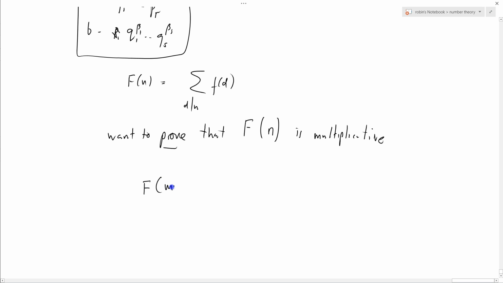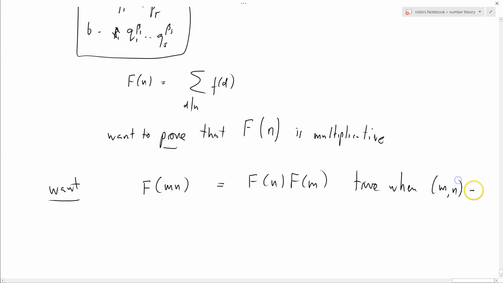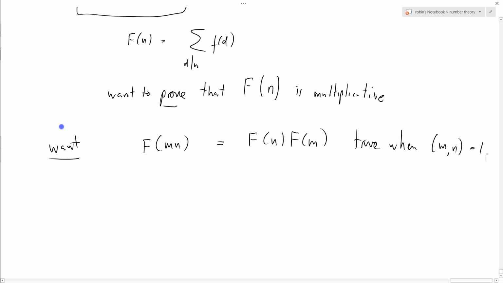So we've got F of mn equals, so we want to show, that equals F of n, F of m. You see, that's not quite right, but this is only true when m and n are co-prime. So let's start that again. Let's scribble that out and start again.